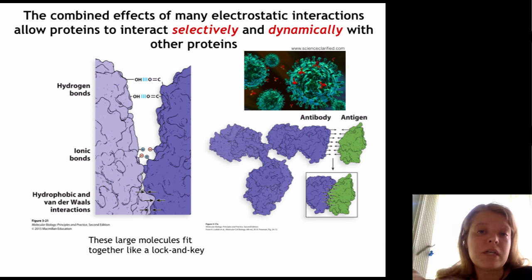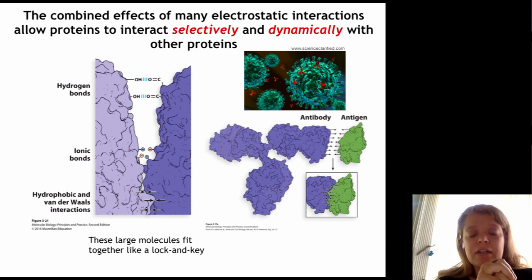One of the important examples that you have faced in everyday life is the ability of the antibodies that are produced by the immune system of your body to interact with antigen. Antigen is an umbrella term saying it's a thing that sticks out of a foreign invader. So in this case, the picture shows a virus.